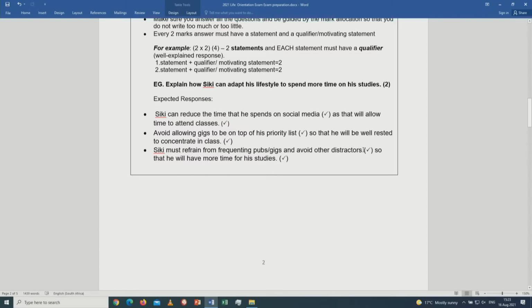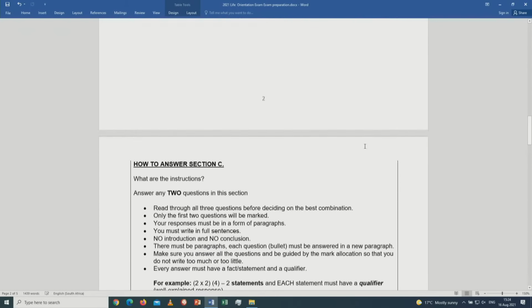It's a fact which still needs to be elaborated on for you to get the 2nd mark. So this is also a common mistake that some learners make. They would write a statement and another statement in 1 sentence, thinking that they have said 2 things, therefore it warrants them 2 marks. And that is not how the marks are allocated in life orientation. So just be careful of that as well.